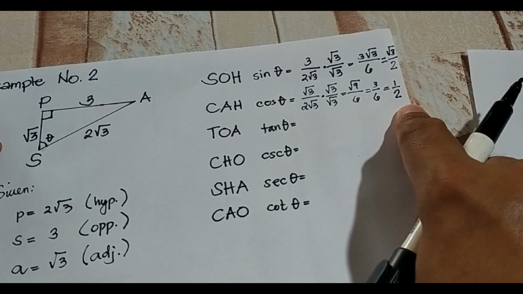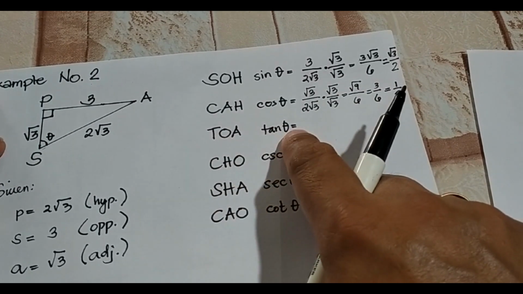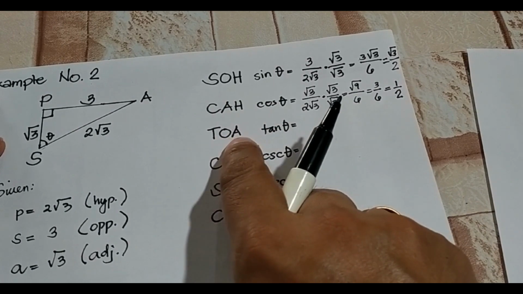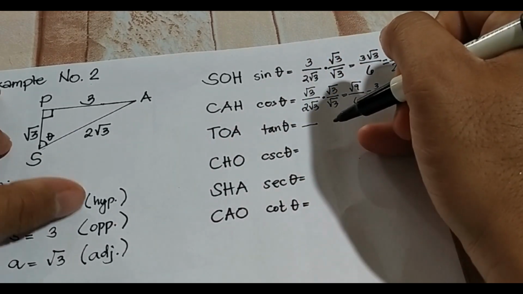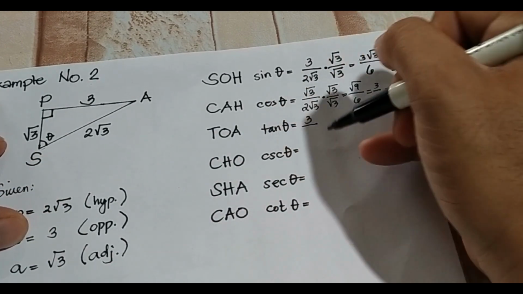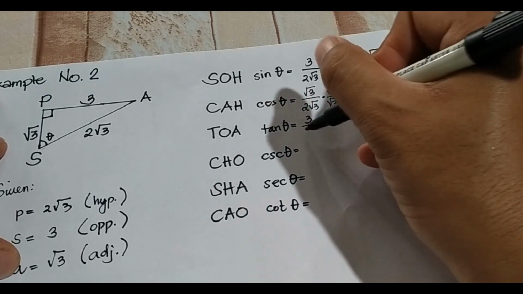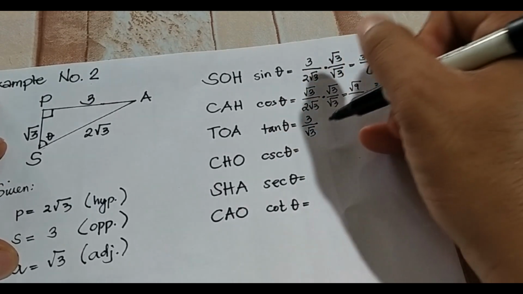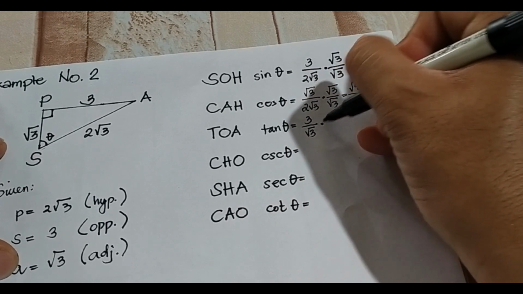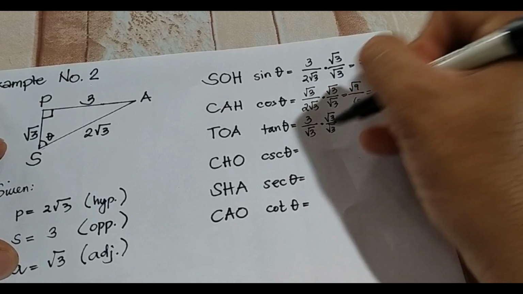Is that clear? Now next, we have tangent theta. For tangent theta, we have opposite over adjacent. So what is the value of our opposite here? Opposite is 3, and our adjacent is square root of 3. Oh, we really have to simplify this one. So again, we have to rationalize the denominator.